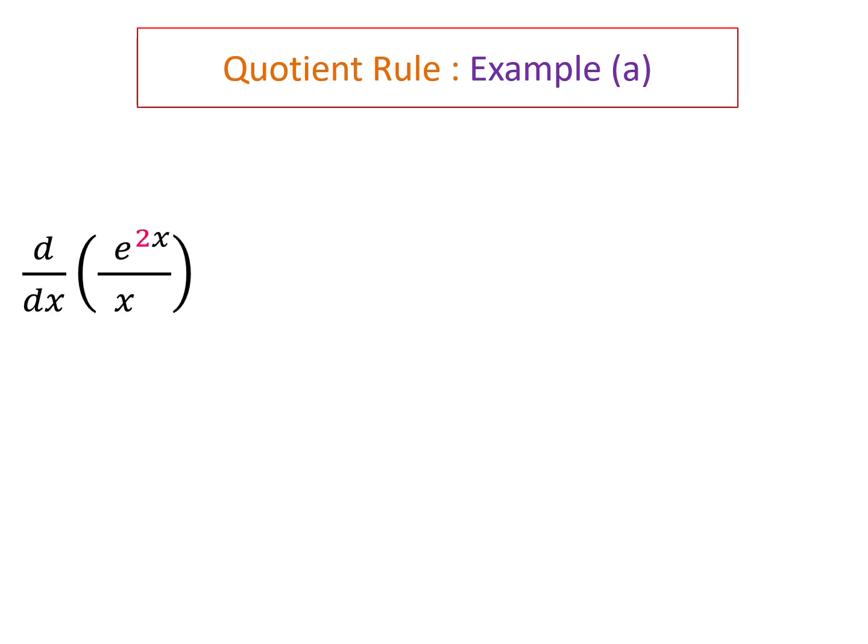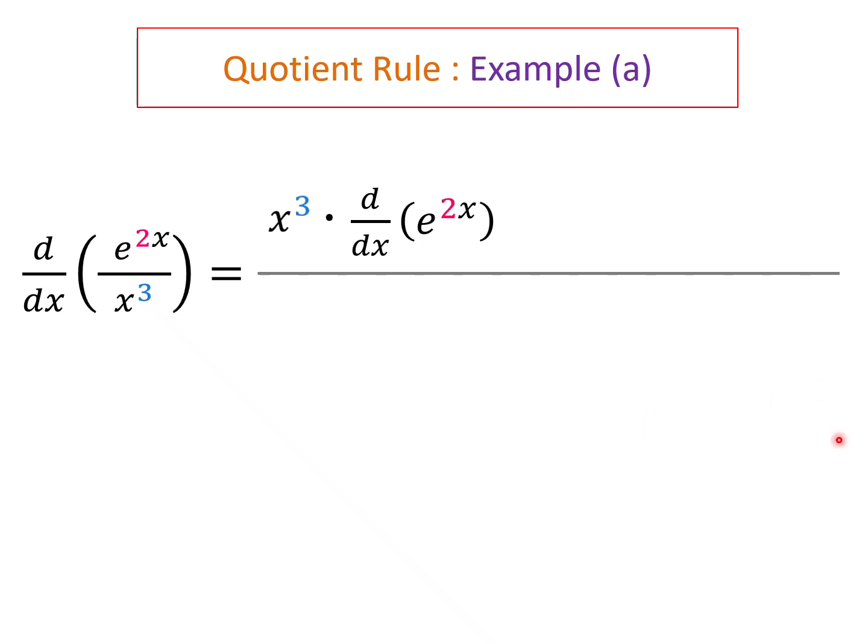Here example number 1 or A. So d/dx of e to the power 2x by x cube is equal to x cube times d/dx of e to the power 2x, that is numerator, minus numerator times d/dx of the denominator divided by denominator square.